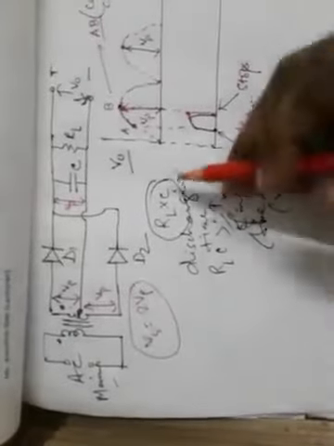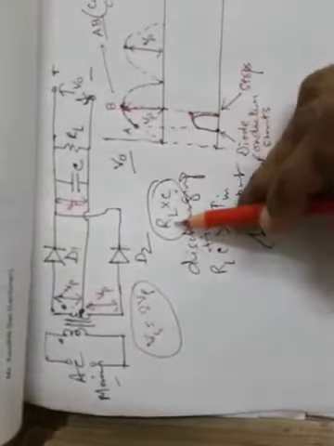In a practical filter circuit, the reactance of the capacitor at the ripple frequency is generally kept much smaller than the load resistance RL. So this C will impose a reactance that is much smaller than the load resistance RL.